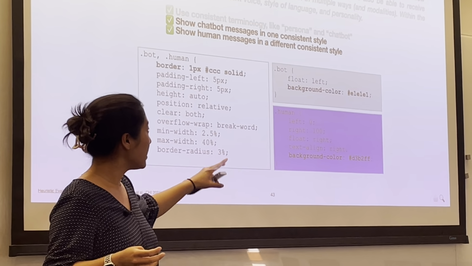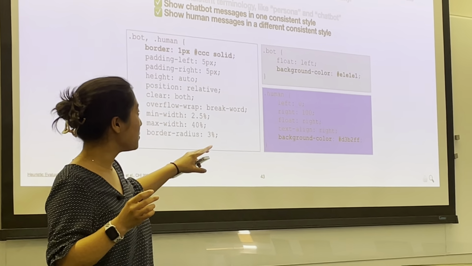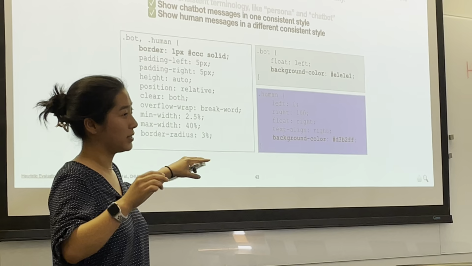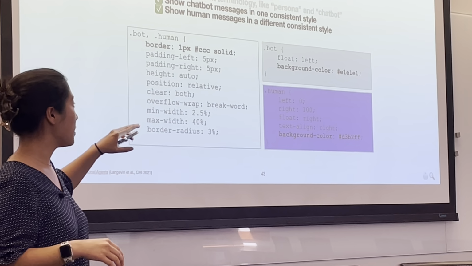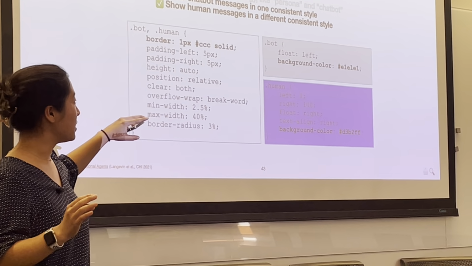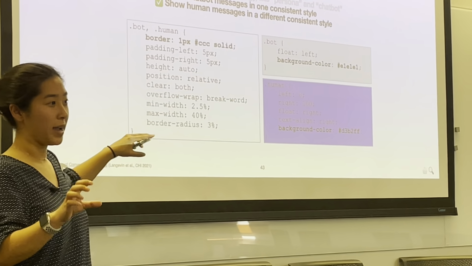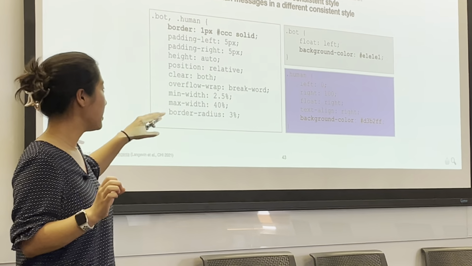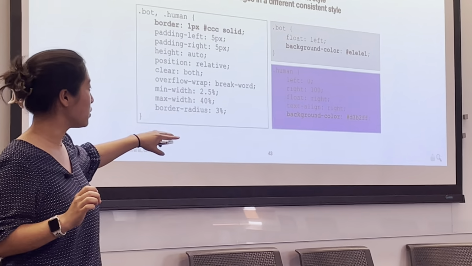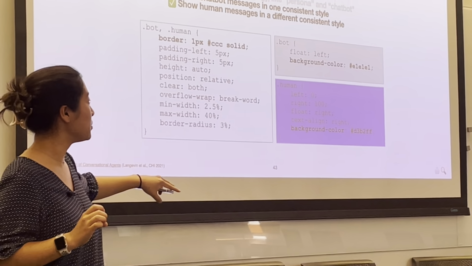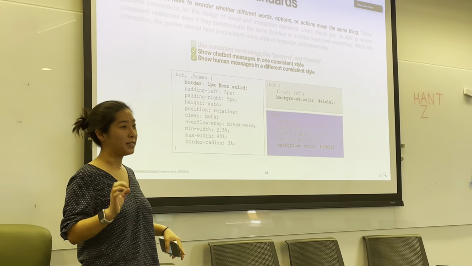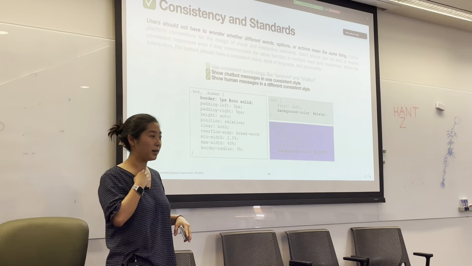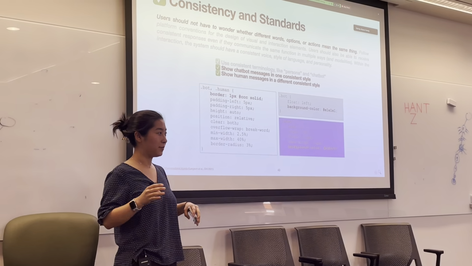Then over on the left, we have different ways of applying styles to particular messages. So every bot, like I just said, is going to send a message in gray. The chat bubble is gray. And then every human message is going to be in a purple chat bubble. And then you just apply these as classes throughout your HTML or whatever framework that you like.